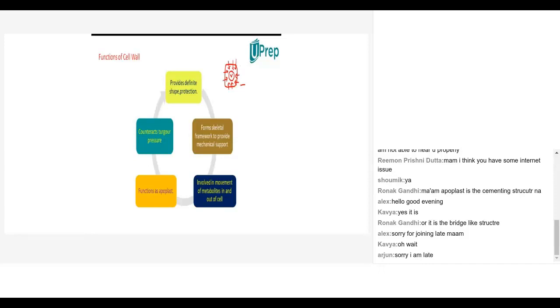As a result, the cell vacuole will increase in size.